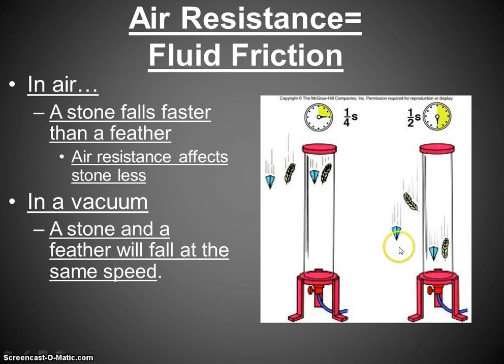Therefore, the stone falls faster. However, in a vacuum, once again, an area with no air, that's what a vacuum is, then they're going to fall at the same speed because acceleration due to gravity affects all objects in the same way, 9.8 meters per second squared on the Earth. When there's no air resistance against that feather, then they are going to fall at the same rate.